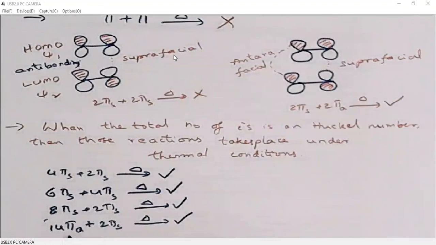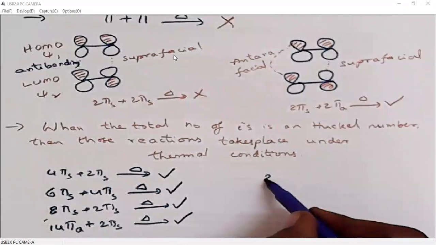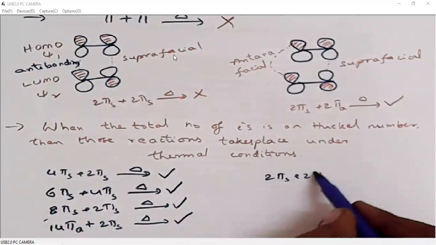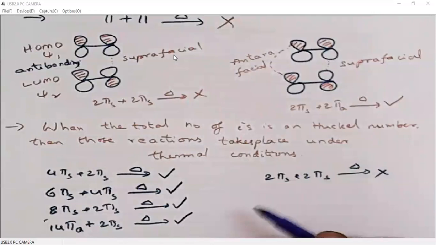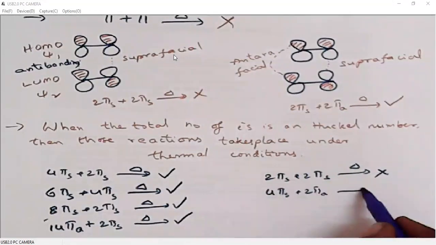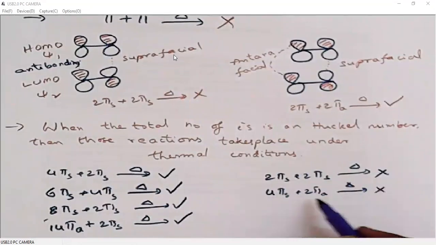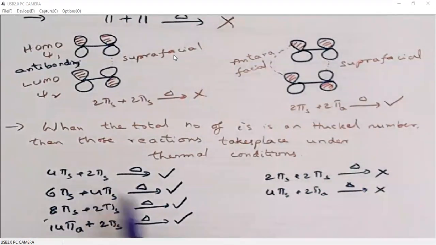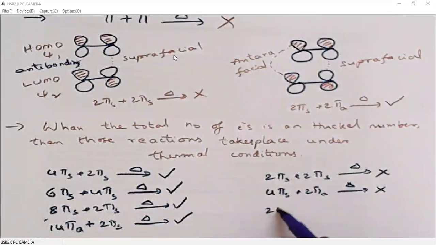If you have a 7-membered chain and a 2 carbon chain, then there can be a pericyclic cycloaddition reaction under thermal conditions. 2 pi s plus 2 pi s is not possible because it is not a Huckel number. 4 pi s plus 2 pi a, antarafacial bond formation, is not possible. 4 pi s plus 2 pi s is possible, but not 4 pi s plus 2 pi a. Similarly, 2 pi s plus 2 pi a is possible.